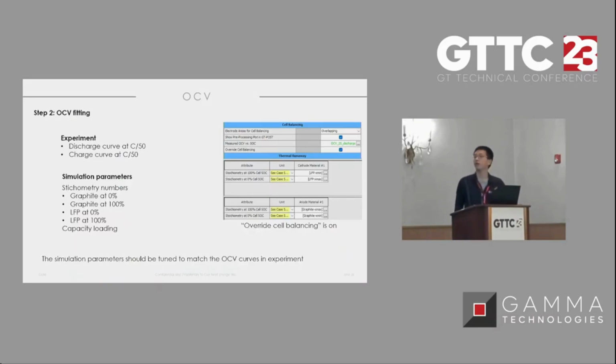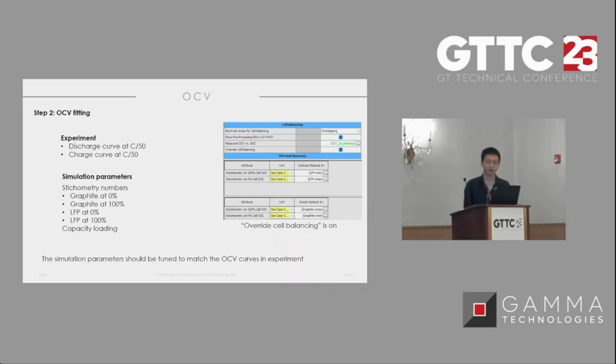The second step, after we obtain the geometry information of the cell, we need to get the balancing of the two electrodes. What I mean by balancing, probably Mr. Milano also talked about this, is to get the stoichiometry numbers where these two electrodes start when we have 100% SOC, and also where these two electrodes end when we have 0% SOC.